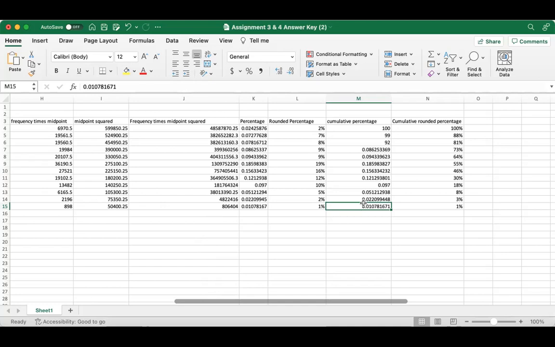And that's our standard deviation, but this is our standard deviation population. SD pop. And if you wanted to be fancy, you could do our standard deviation sample.